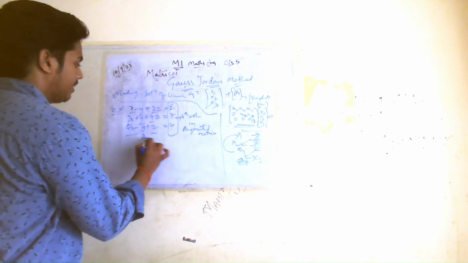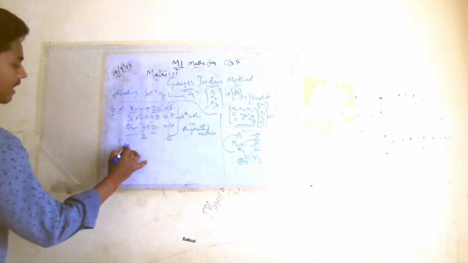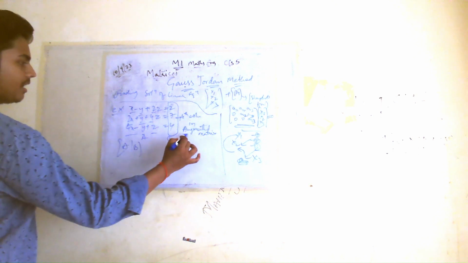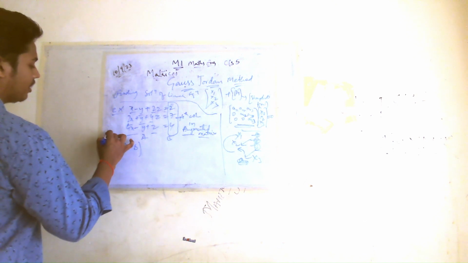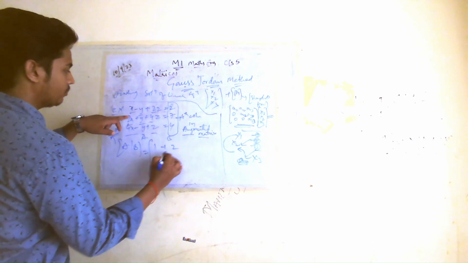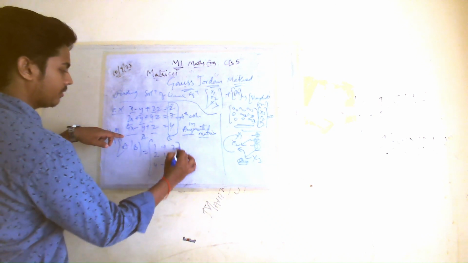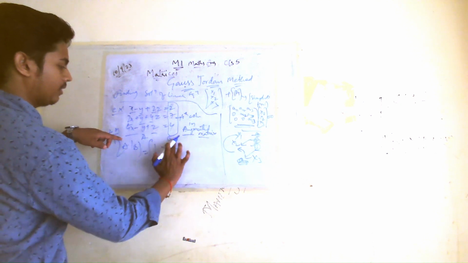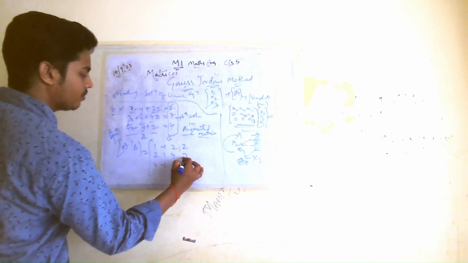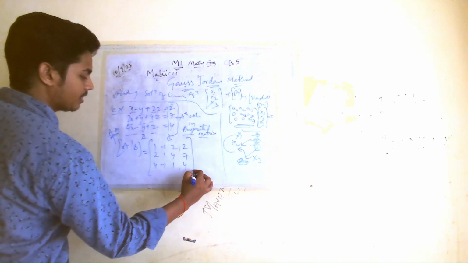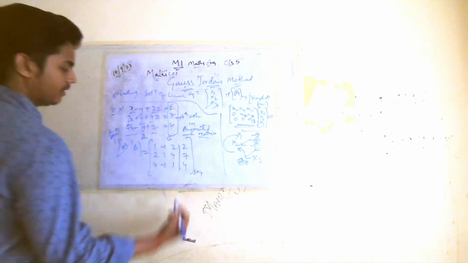These elements are our matrix A, and this is for matrix B. This is our augmented matrix, AM, as I am denoting it in abbreviation. The augmented matrix is, with coefficients, 1, minus 1, 2, 2, 1, 4, 4, minus 1, 1, with the extra column 2, 7, 4. This is a 3 by 4 augmented matrix. I hope you understood till here.